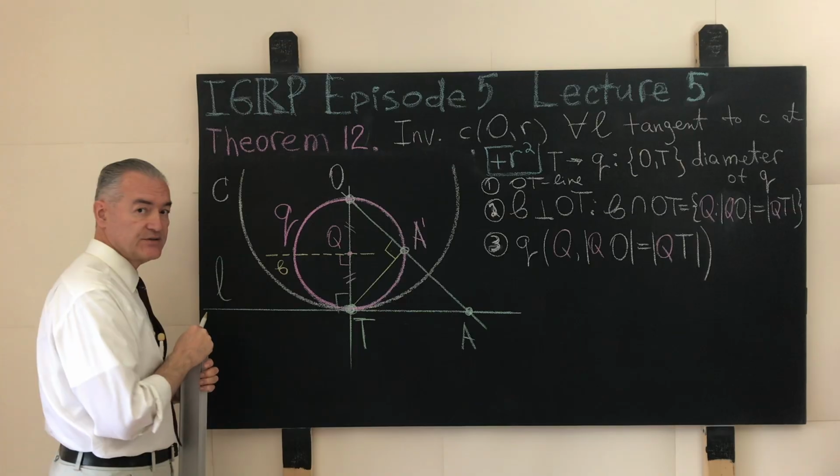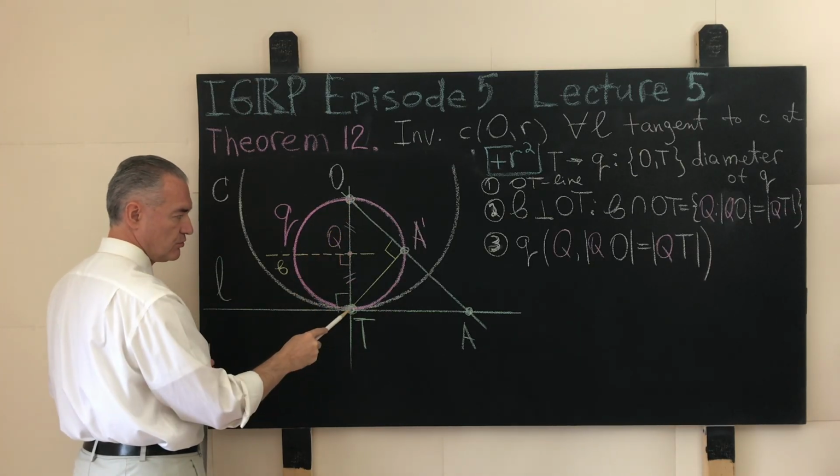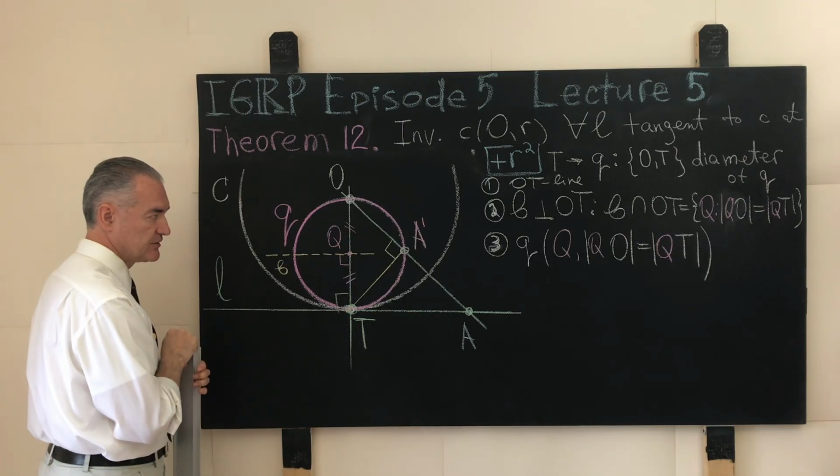That is what? That is the distance between the point Q and the center of inversion, or the point of tangency. That doesn't matter.